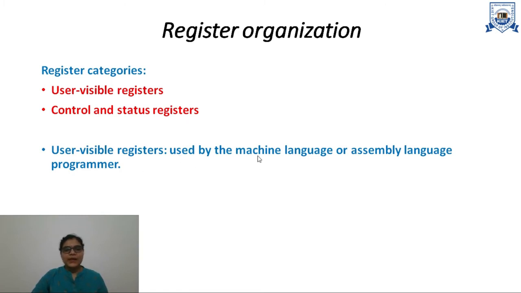Here, used by a machine language or assembly language programmer, because the language of a processor can be a machine language or an assembly language. So a processor is always programmed in either machine language or assembly language. That's why these registers can be used by the programmer, and these registers are called user visible registers.